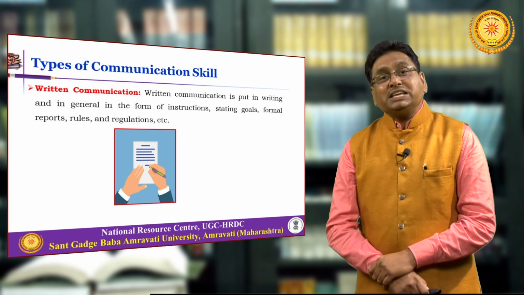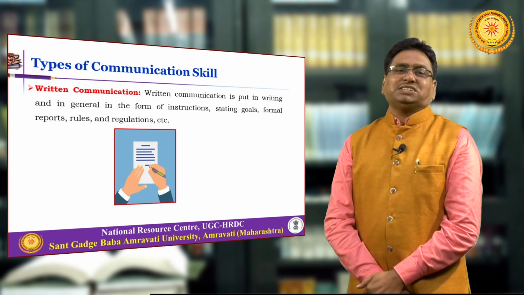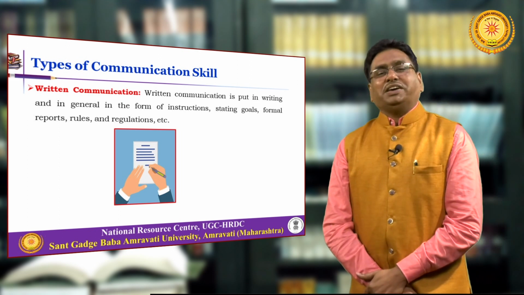Written communication is put in writing, in general in the form of instructions stating goals, formal reports, rules and regulations, etc. Combined with verbal reinforcement, written communication is an effective way to increase student success. Written communication reduces the possibility of misunderstanding and misinterpretations. These are the main types of communication skill.